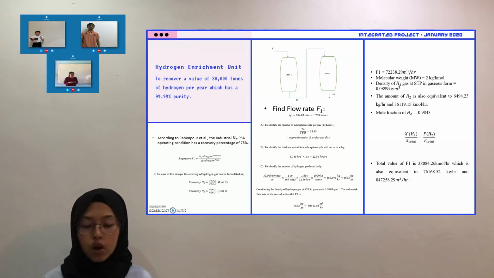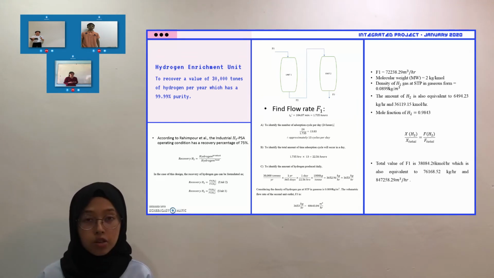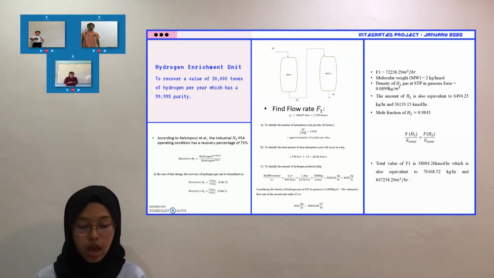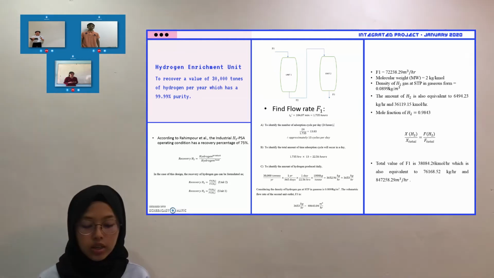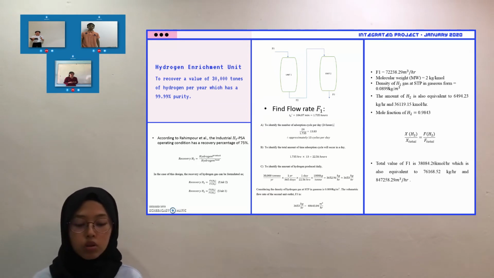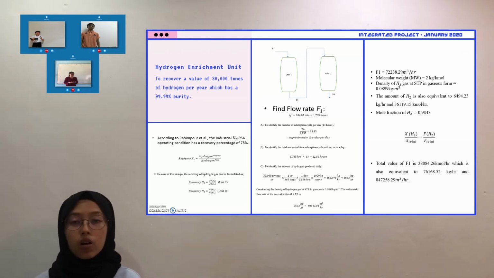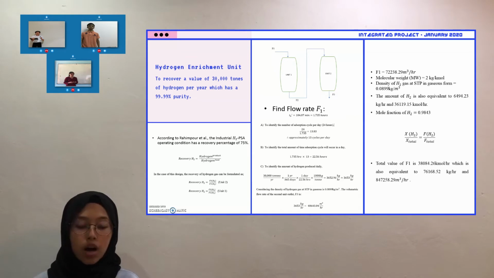The inlet flow of the PSA unit has been identified to originate from the outlet of an adsorption column that has been given based on the problem statement. Based on the newly calculated time TB new, we can identify the amount of hydrogen produced daily, which we also manage to get the value of F3 from the outlet of adsorption unit, which is 3653 kg per hour.